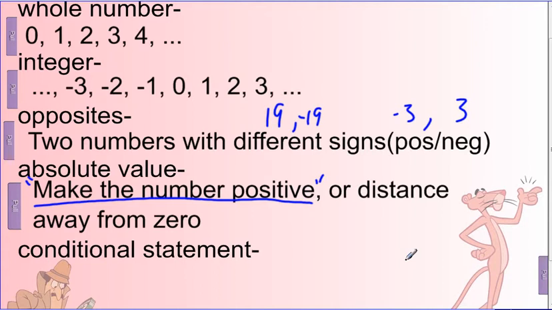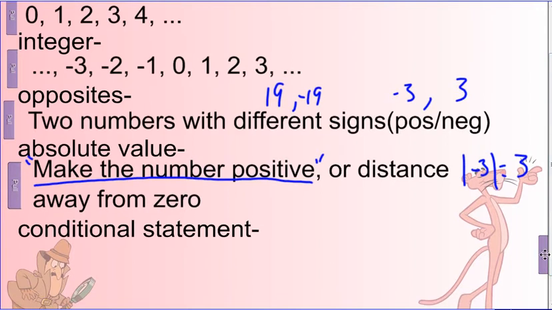Most people remember, oh, you just make the stuff inside the absolute value bars positive, which, by the way, these are the absolute value bars. It's just kind of straight up and down parentheses. But the actual definition is not just make the number positive. It is the distance that number is from 0. And because distances are always positive, that's why we kind of make the number positive.